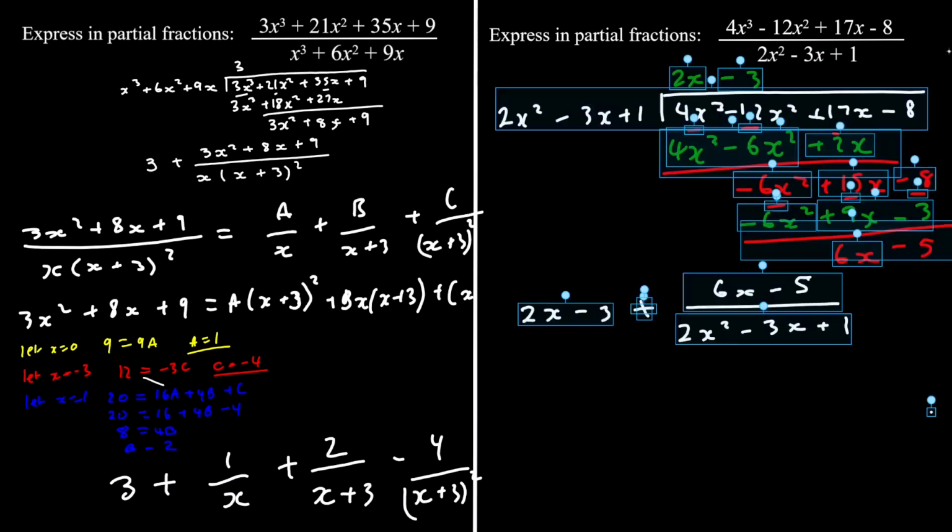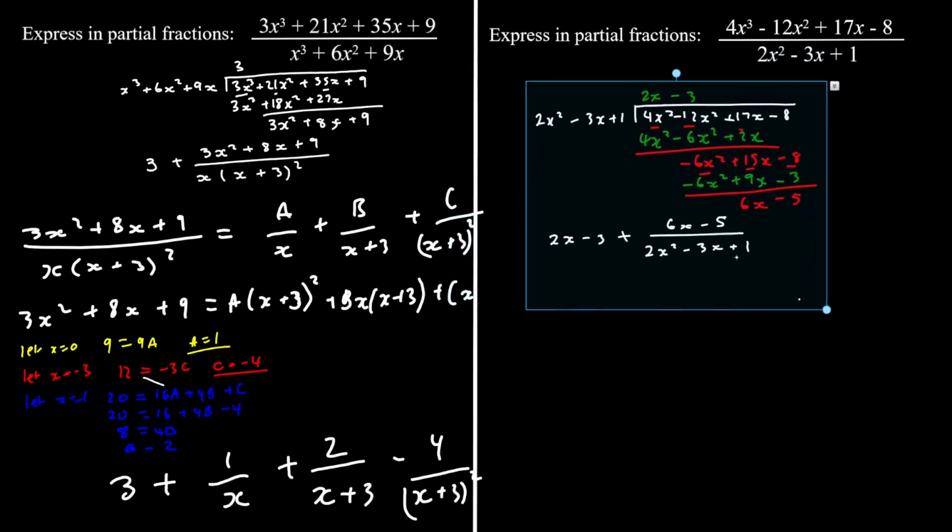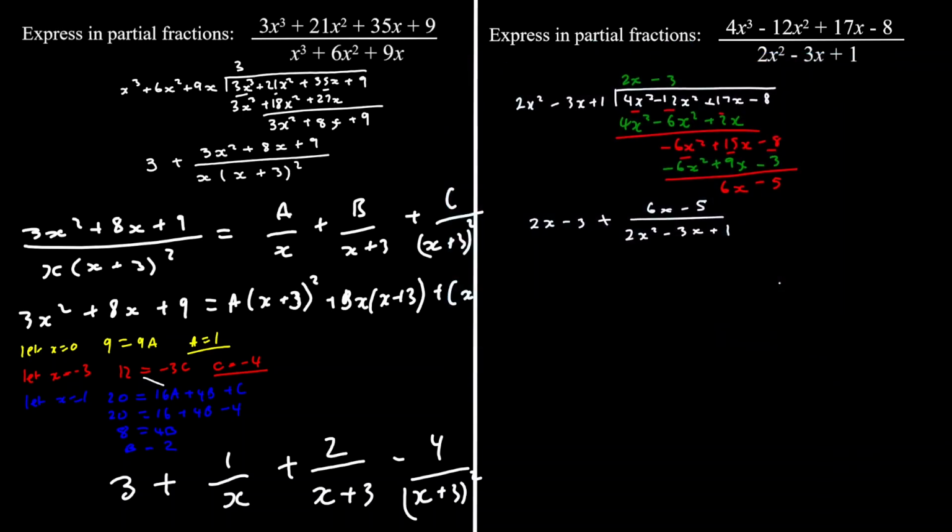We need to factorize our denominator so we can split it up into partial fractions. So we have 2x squared minus 3x plus 1. It's going to have to be 2x and x, and it's going to have to be 1 and 1, and they're both negative. So let's ignore the 2x minus 3 part. We know that's going to be in our answer.